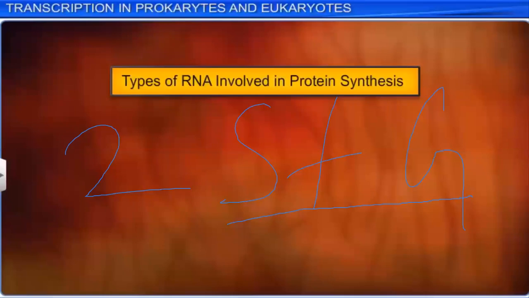While in prokaryotes, the structural gene carries the information for the translation of more than one protein, and that type of structural gene is known as polycistronic. Poly means many. So a polycistronic structural gene carries the information at a time for many proteins to be translated.